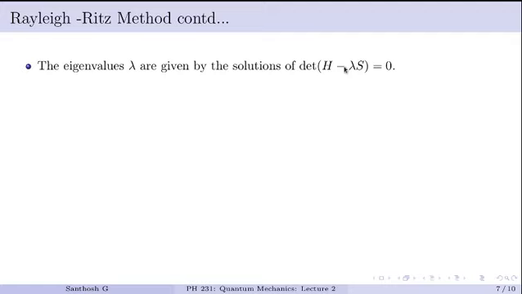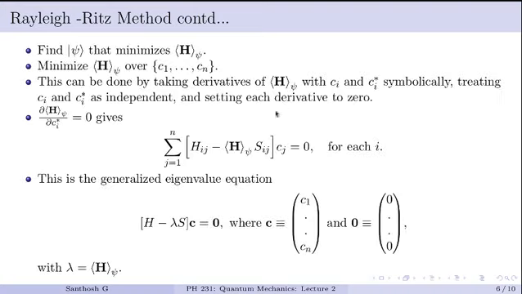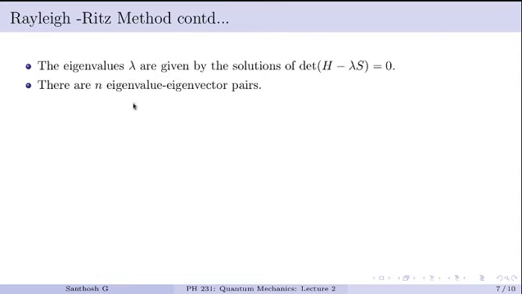H is an n by n matrix, S is an n by n matrix, and therefore this determinant of H minus lambda S is a polynomial of degree n in lambda. The corresponding polynomial equation will have n roots, and therefore this generalized eigenvalue equation will have n eigenvalues and correspondingly n eigenvectors.